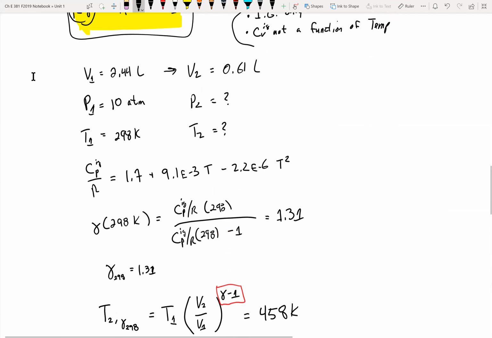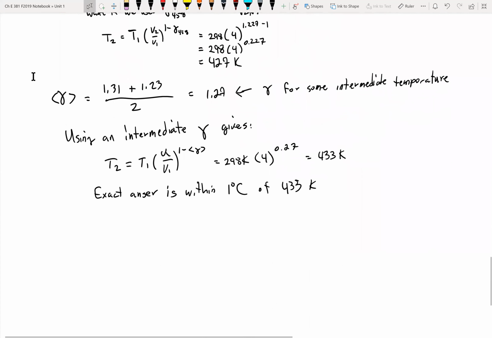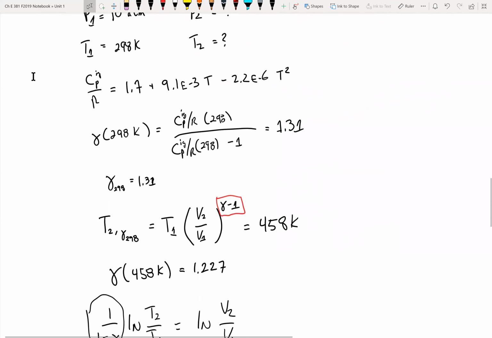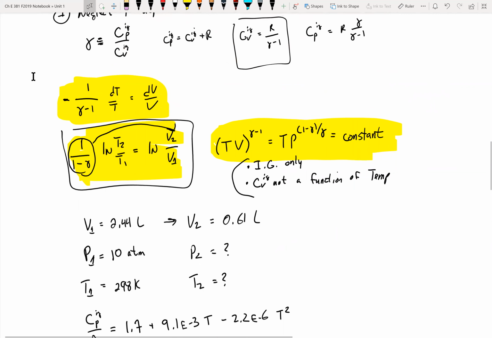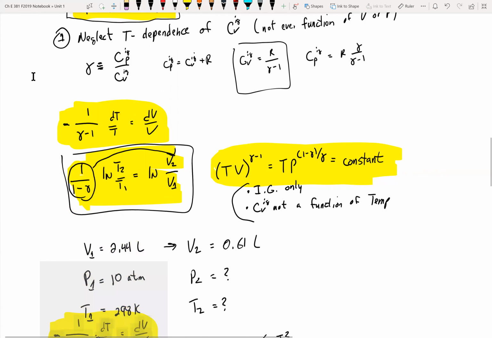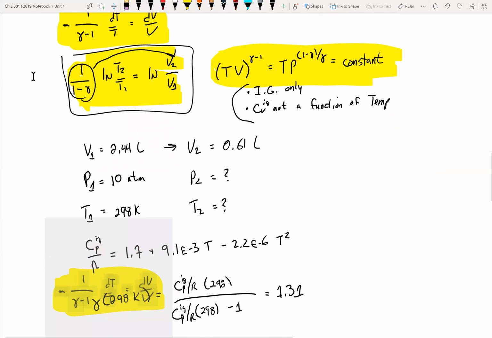All right, so to get to that exact answer, let's go back to this point up here before I made any assumptions. Let me do this.